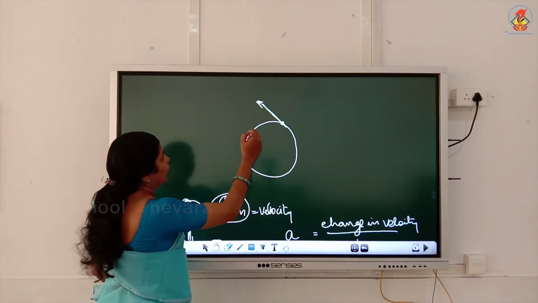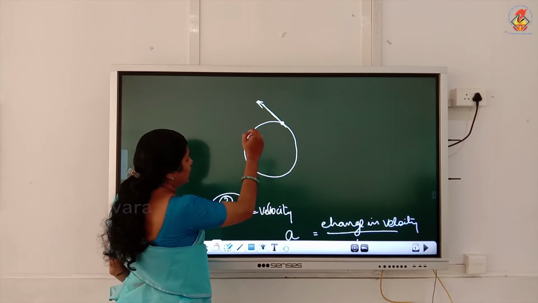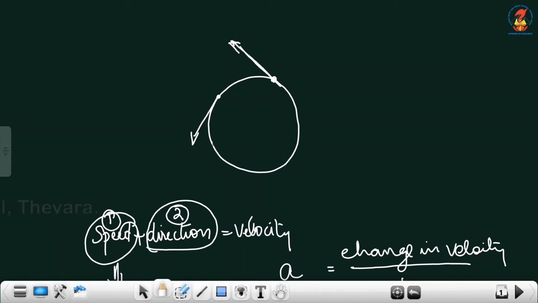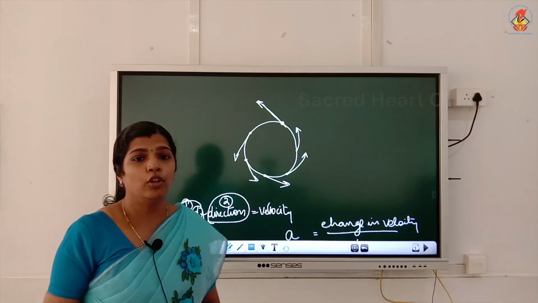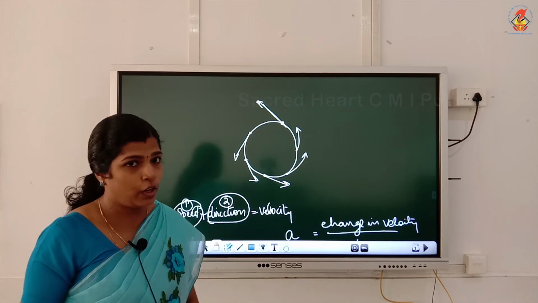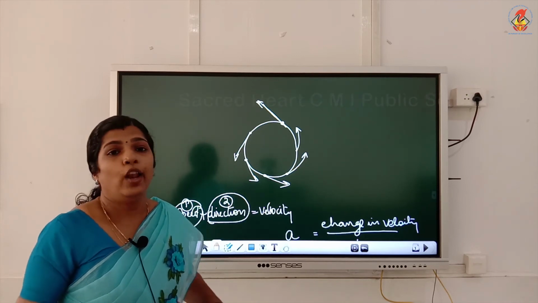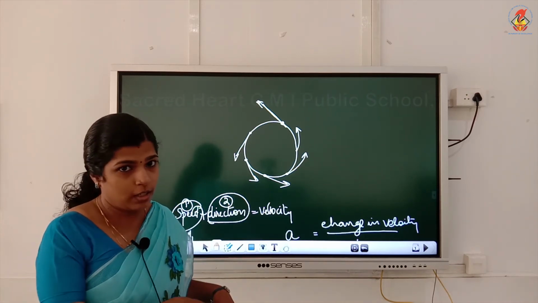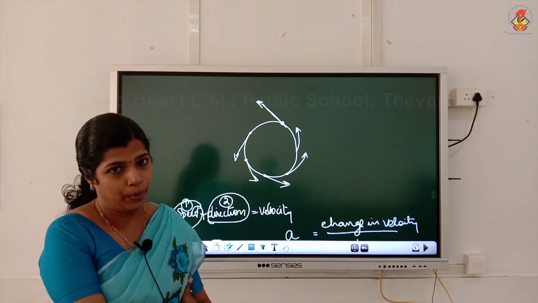Suppose at this point the direction of velocity is like this. At this point the direction of velocity is like this. If centripetal force is not there, the object will move in the direction of velocity, that is along the tangent to the circle at that point.